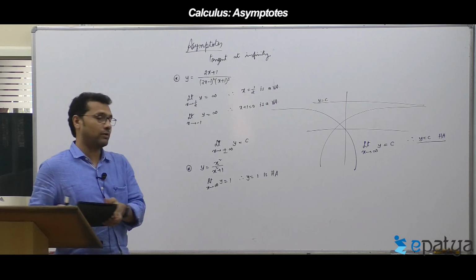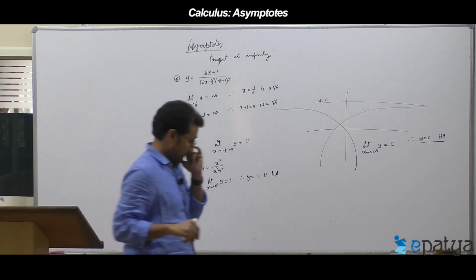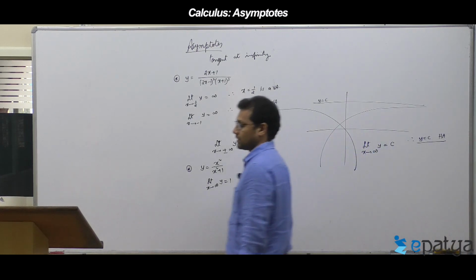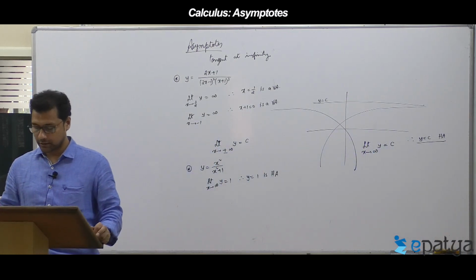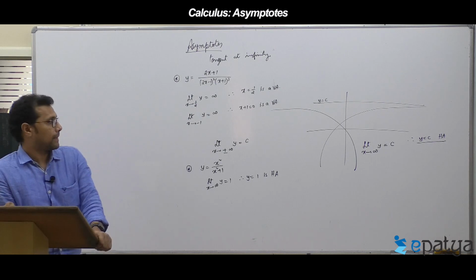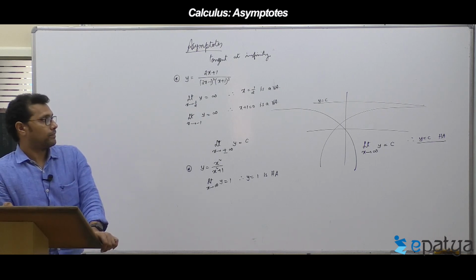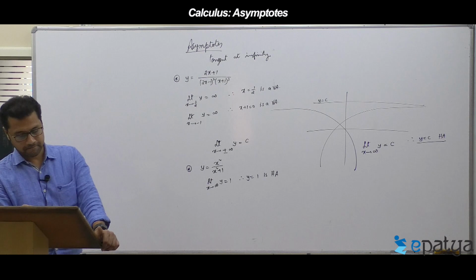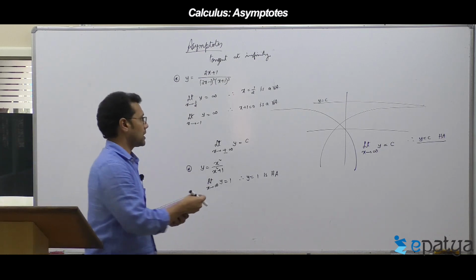So here one point that you can note is, for an algebraic curve of nth degree, there may exist a maximum of n asymptotes, which might be real or imaginary.